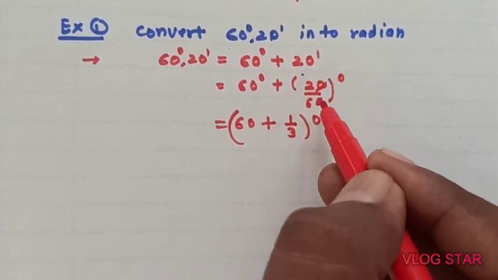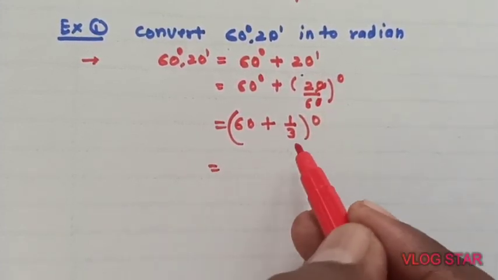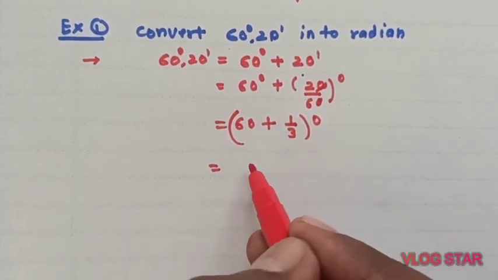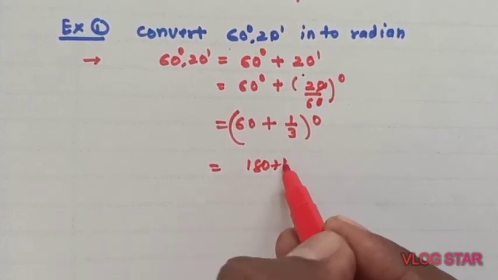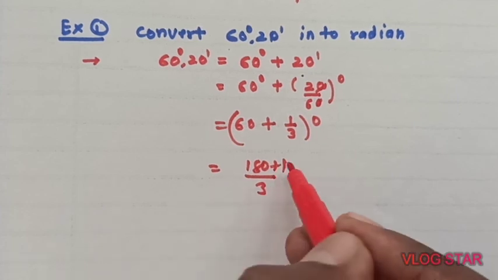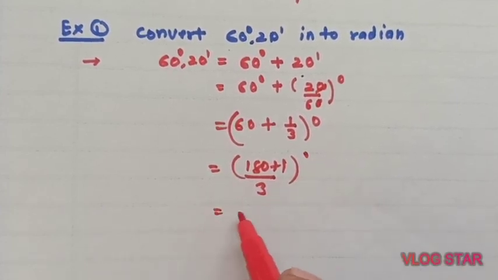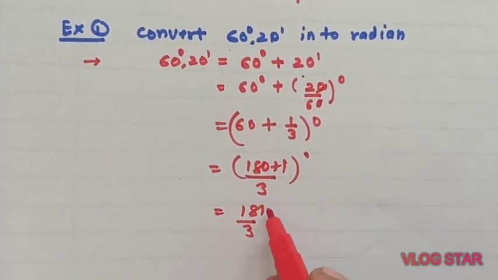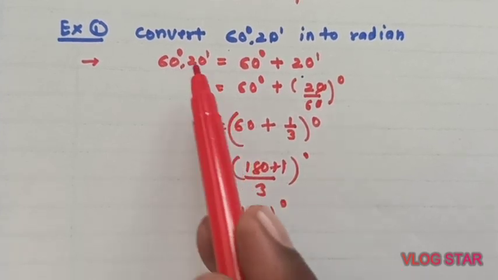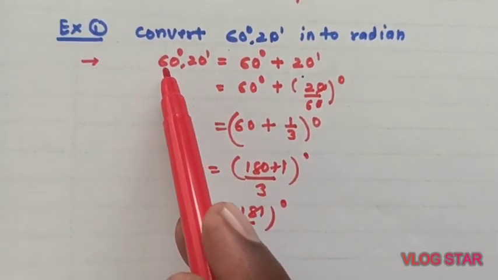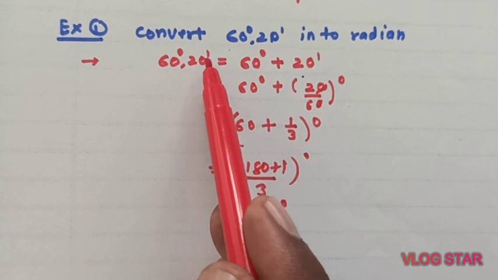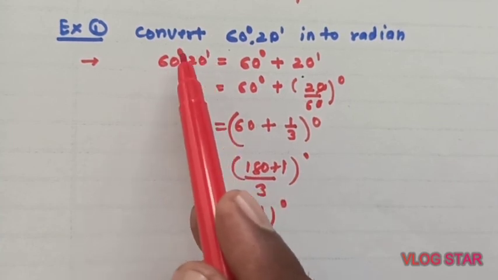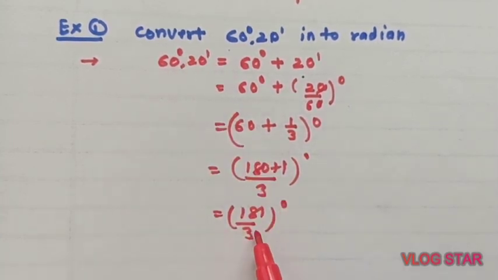So we converted the minutes into degrees the reverse way. So it became 180 plus 1/3, that is in degree. So that is 181/3, that is in degree. Means we simply simplified 60 degree 20 minutes. Totally we have converted in degree. It may be in fraction, isn't it?